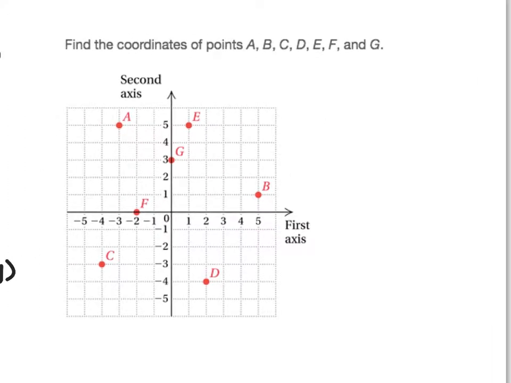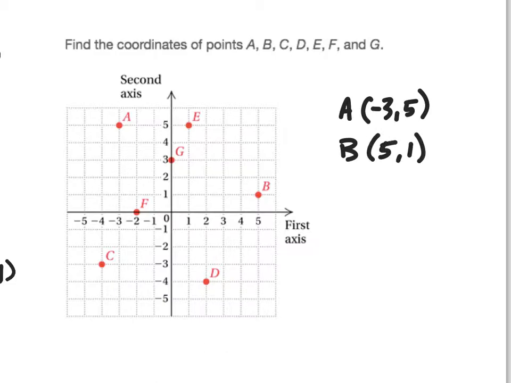Let's just start with point A. If we start at the origin, that's to the left 3 and up 5. So this would be the point (-3, 5). For point B, we're going to go over 5 and up 1, so we have the point (5, 1).